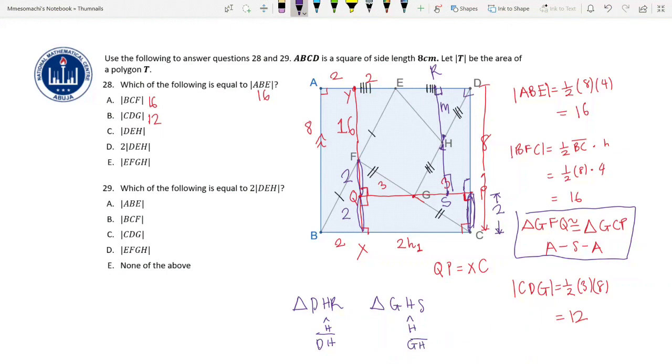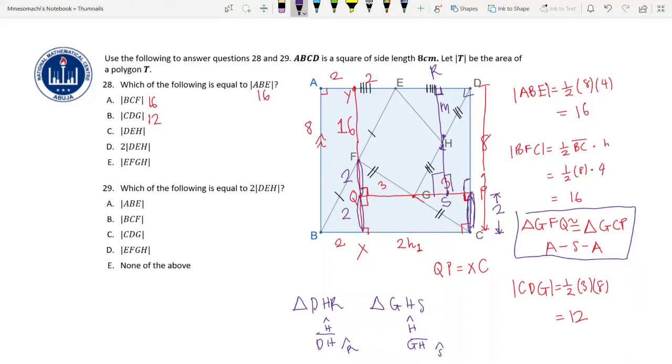We see that the angle at R is equal to the angle at S, which is 90 degrees. As this angle here is 90, this angle here is 90. Okay. So what can we get from this?